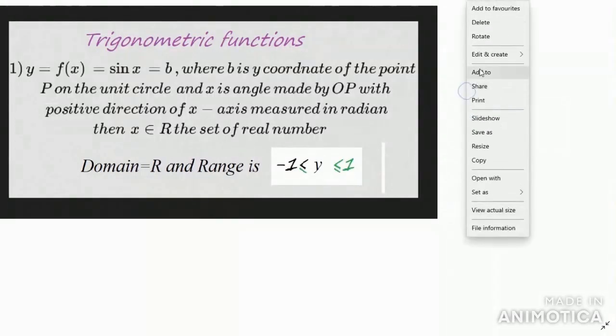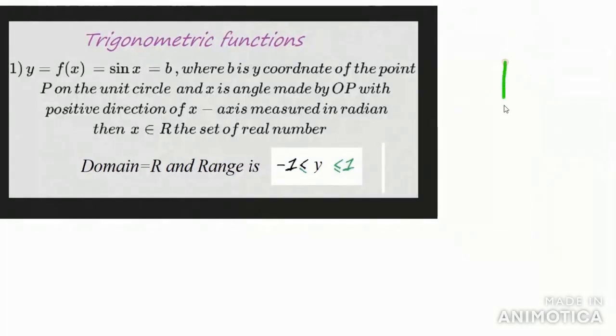You know that if you take the unit circle and the positive x-axis is 0, this is the initial ray, 0 degree, and this is 360 degree, 2 pi radian, and 3 pi, 4 pi, 5 pi, 6 pi, like this. Any quantity of angle can be found.